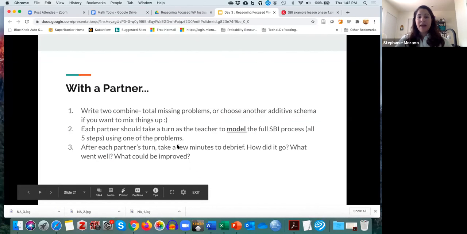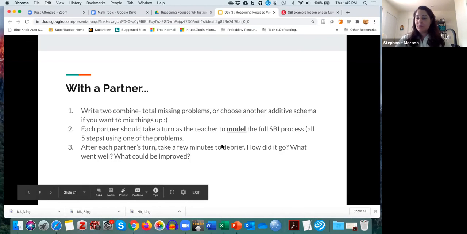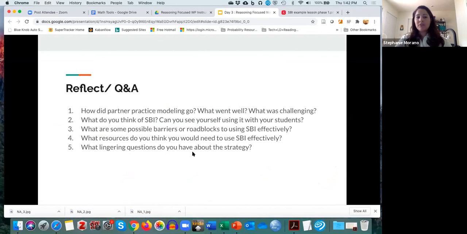Then after everybody has a turn to model a problem, take a few minutes to debrief. How did it go? What went well? What could be improved? And then you can also start to think about these questions. What do you think of this whole process? Can you see yourself using it with your students? What do you think some possible roadblocks that might come up could be?